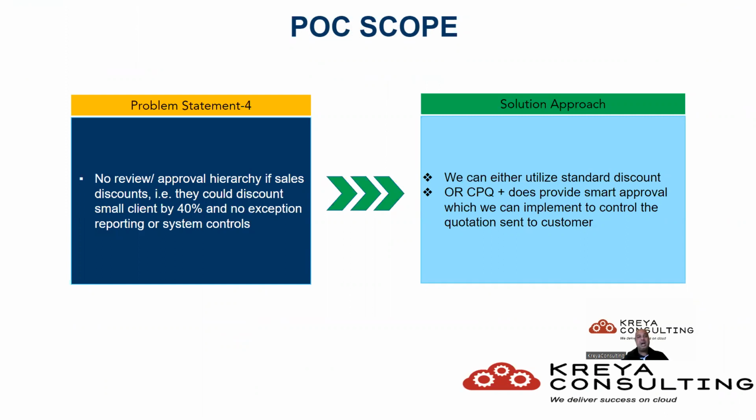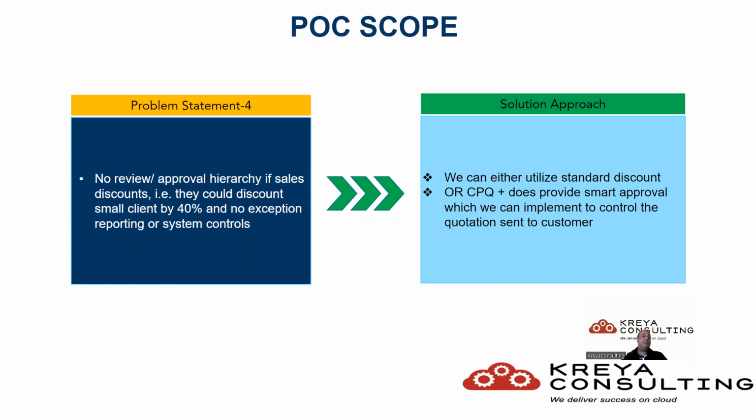How can you solve this problem in a Salesforce CPQ environment so that no sales rep is allowed to give a discount that is not driven by my company policy? My company policy says that for small business customers, I should not allow a discount beyond 40%.